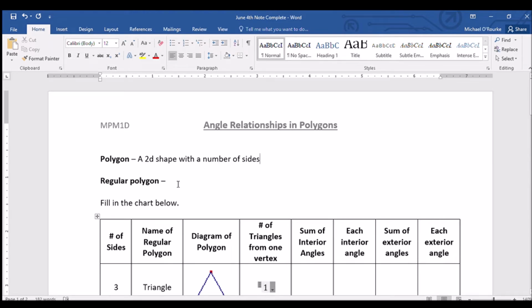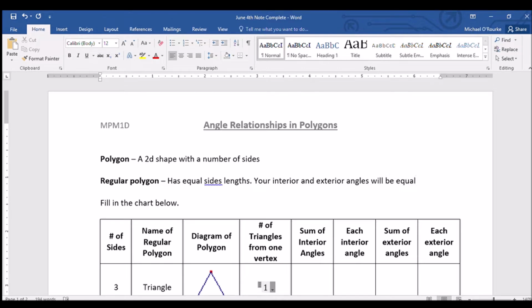Okay? A regular polygon has equal side lengths. And if you have equal side lengths, this means your interior and exterior angles will be equal.